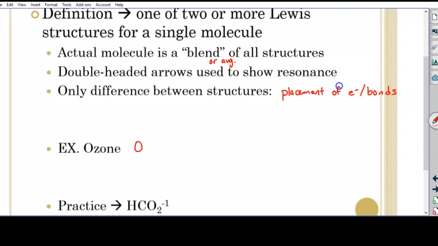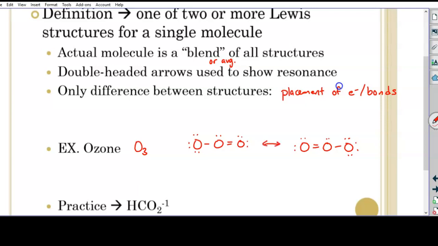So for ozone, which is O3, we can have this, or we could have this. Notice they're the same, but the bond has moved.